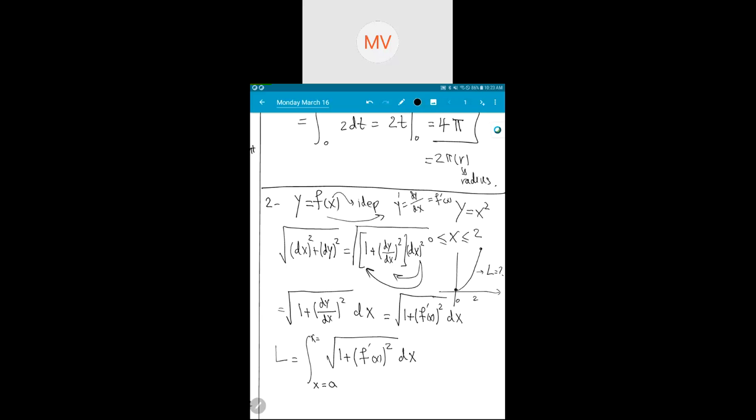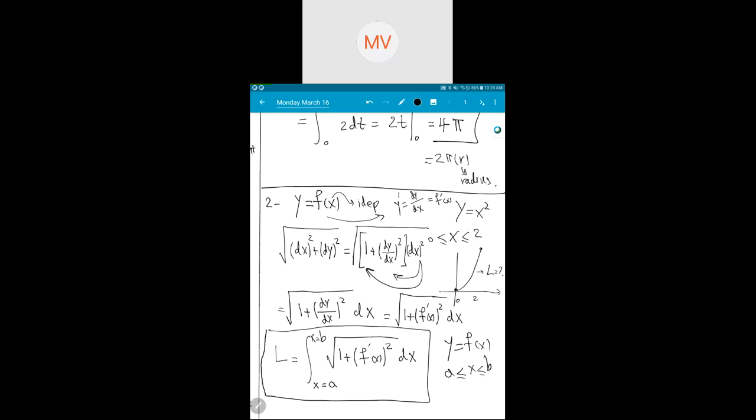In this case, x is what is changing, from a to b, or whatever the limits are for x. So that's the adapted formula for the case when you have y equals f of x, x between a and b.